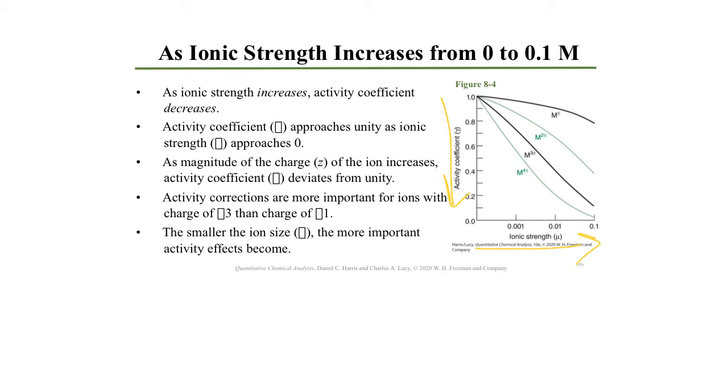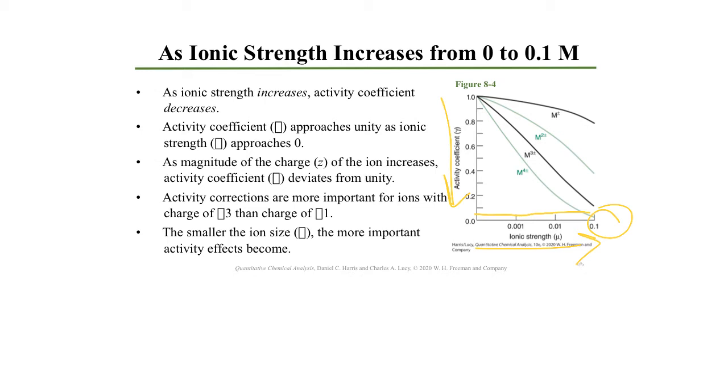And the coefficient modifies the concentration. At these high ionic strengths, 0.1, you've got some of these metals, depending on the charges, and the activity coefficient is all the way down below 0.1. That's a pretty significant change.